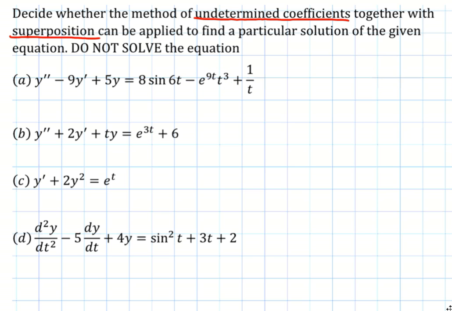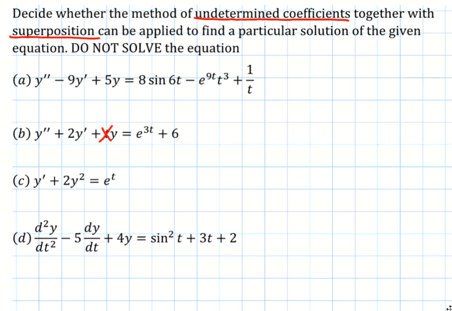For superposition, we need the equation to have linear coefficients. What we can say doesn't work is because of the t here. It will not work because that is not a linear coefficient.